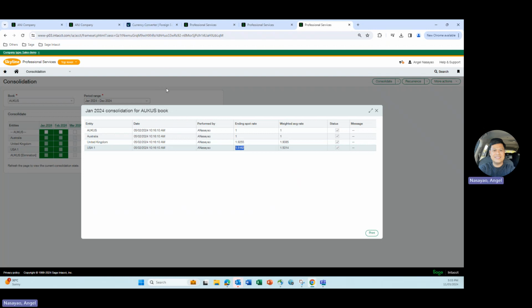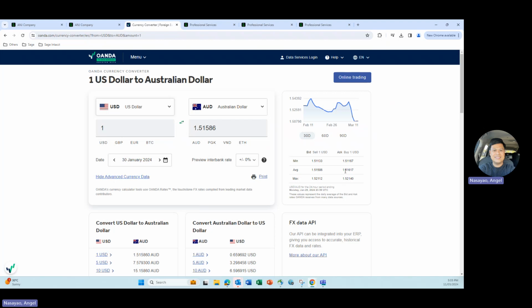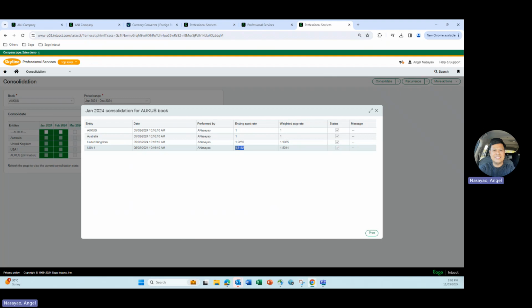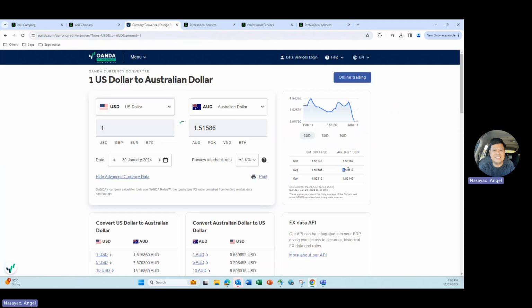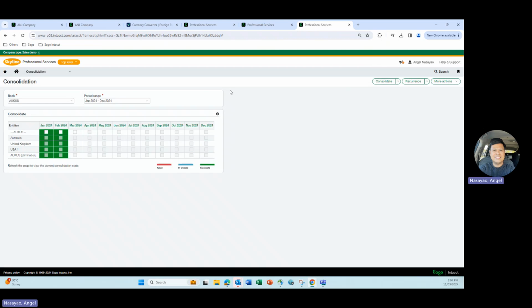Sorry, I have to change this because we're talking about January here. So we should be looking at the month end, which is the 31st, but we have 1 day prior, so the 30th. So 1.5162, 1.5162. So they actually match, 1.5162 there.